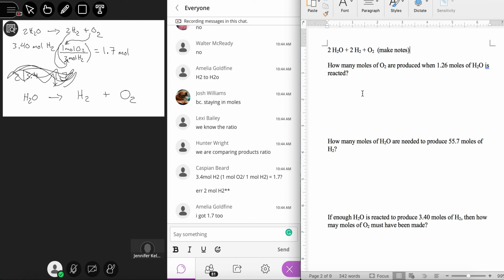Now, if you see there are coefficients, it's almost certainly balanced, but it's always good to check. So if I'm looking at this here, I'm noticing that I have 2 oxygen here, but only 1 there, so we have to put a 2 here. But then that doubles my hydrogen, so I'm going to put a 2 right there.